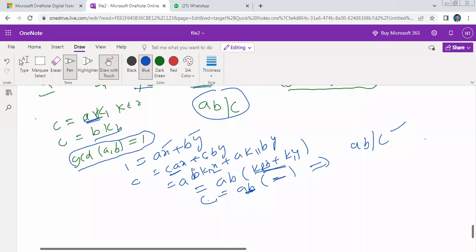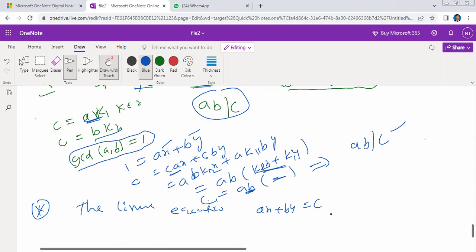Right. Now, linear combination. The linear equation AX plus BY is equal to C. In general, we take AX plus BY is equal to D, where D is the GCD.